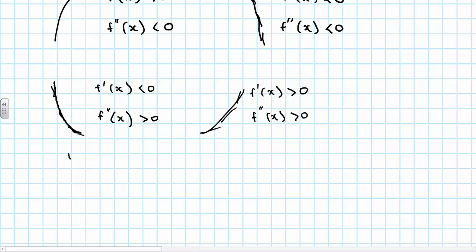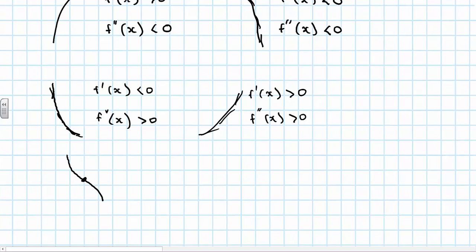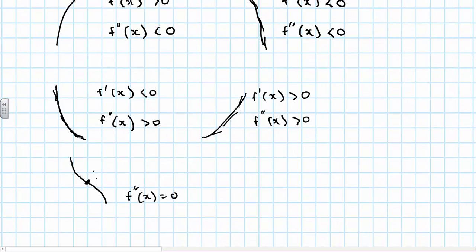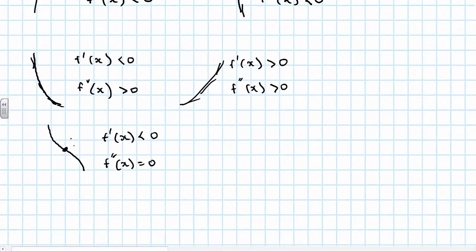point where we move from a positive second derivative to a negative second derivative, and f double dash x ends up being 0. Here we can see that f dash x is negative because the function is decreasing.